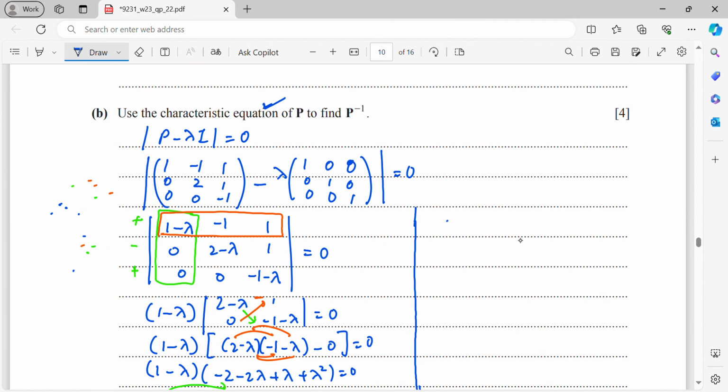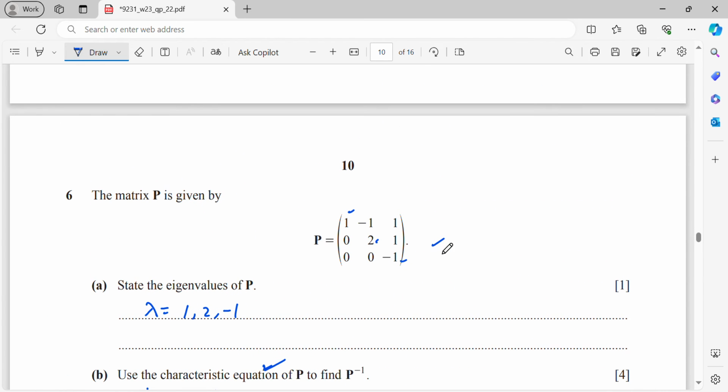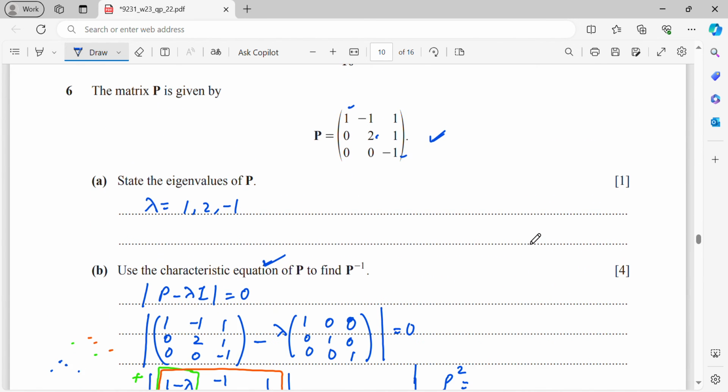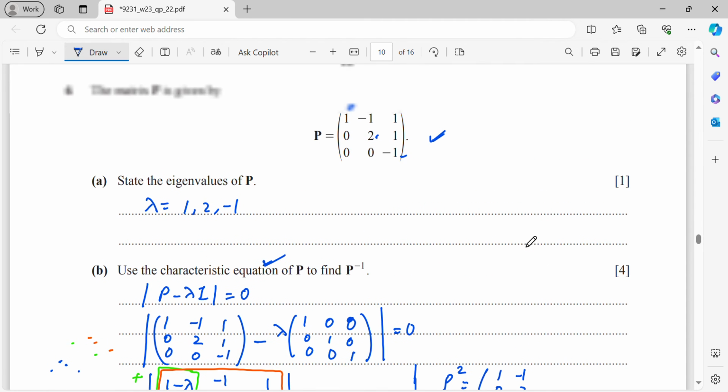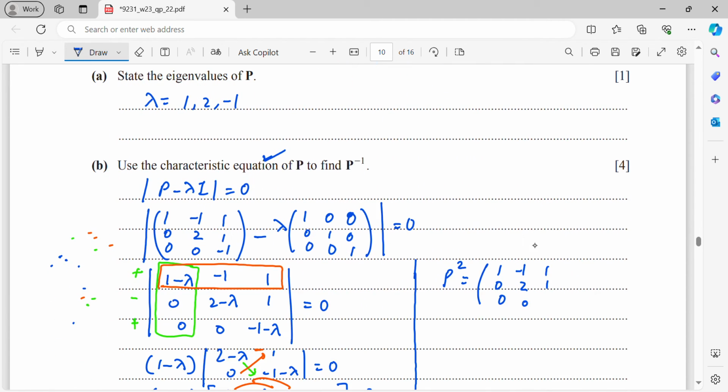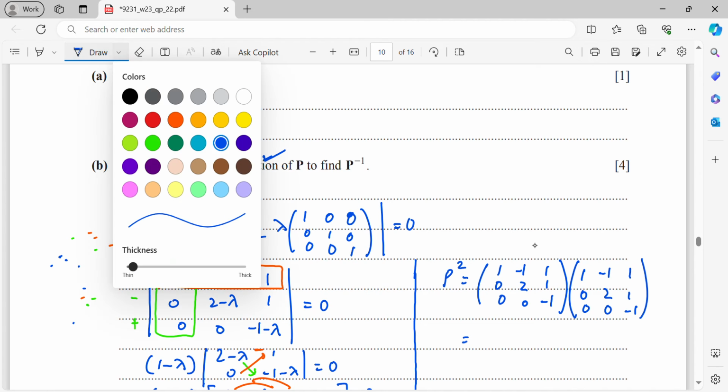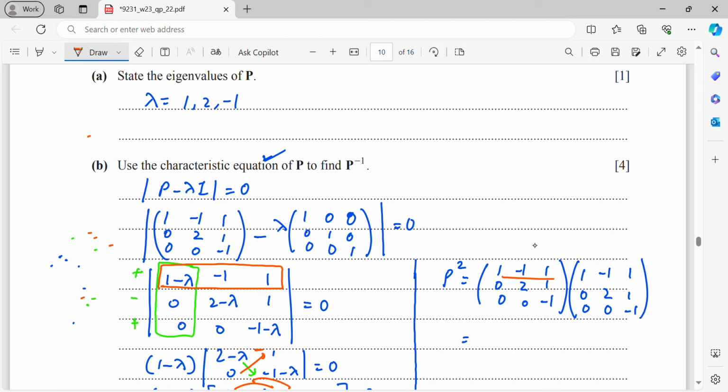Okay, so I will write P squared. P squared, you just multiply this 2 times, right? Multiply it by itself. For the multiplication, I'll just show you: row times column.